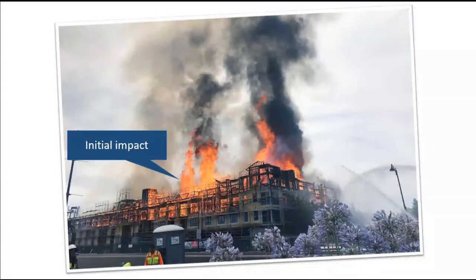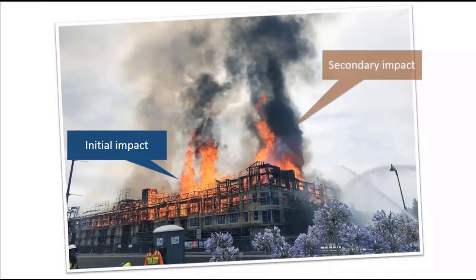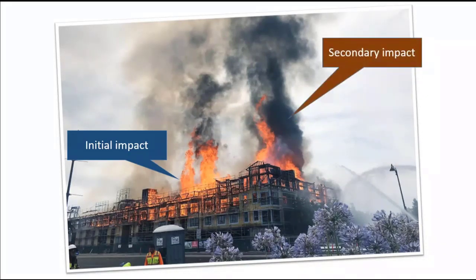When you have a fire, it will destroy your assets, your building, your equipment, your documents, and so on. So this is the initial impact, and then there is the consequence, which is the secondary impact, which is air pollution. So this burning will emit air pollutants to the environment. That is the consequence.